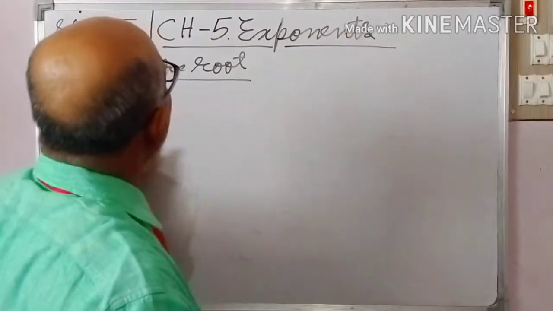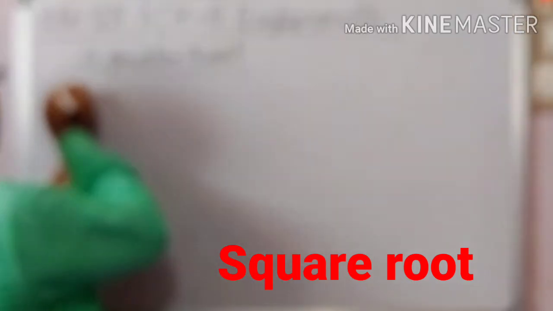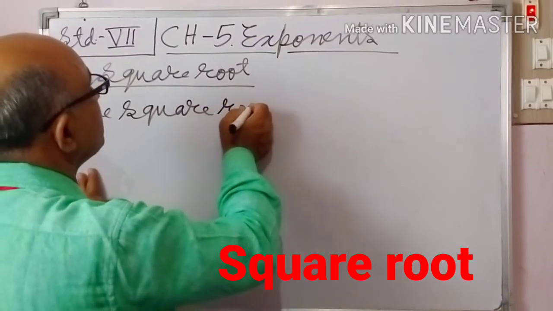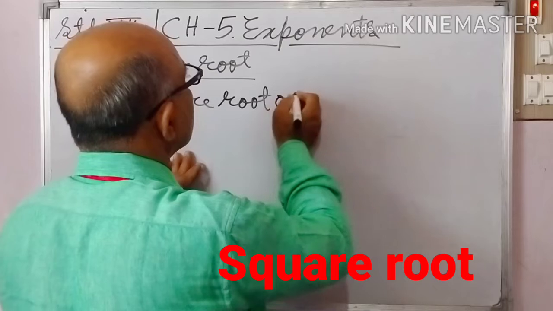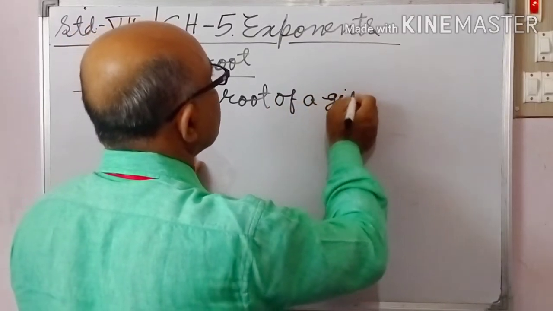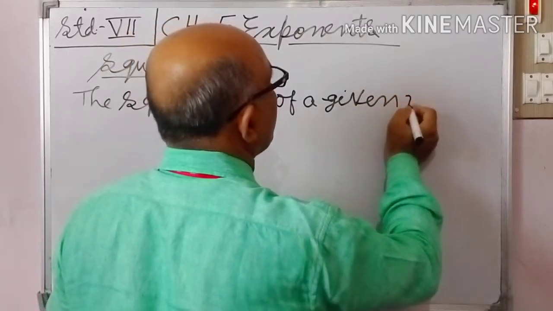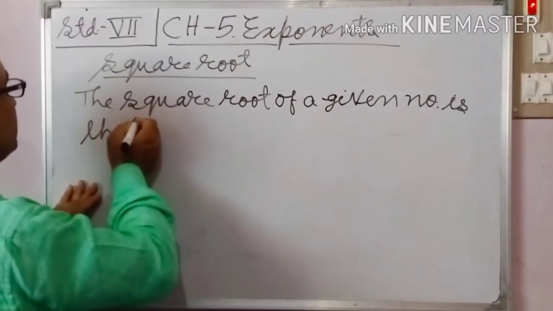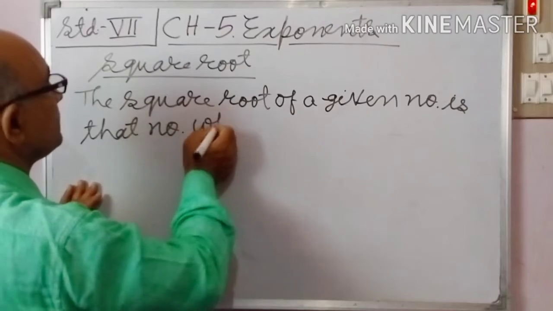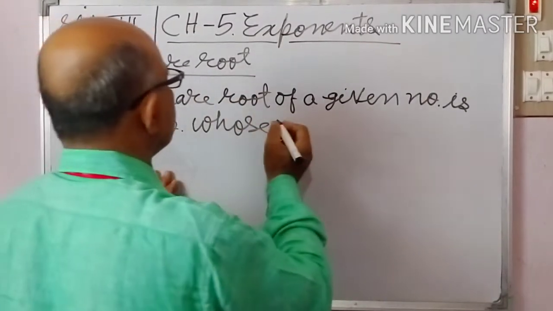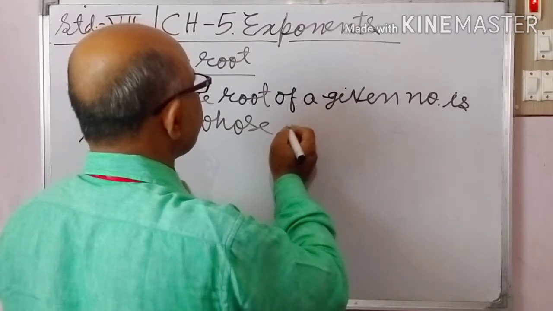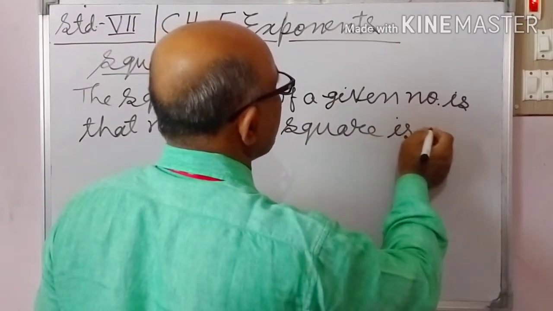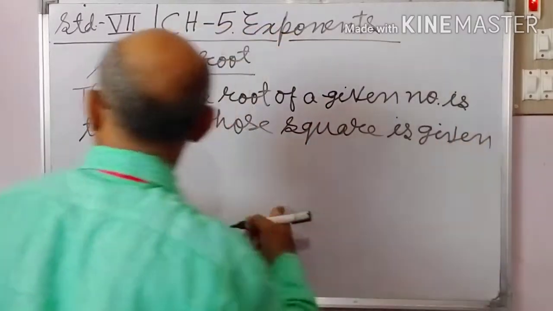Students, the square root of a given number is that number whose square is the given number.